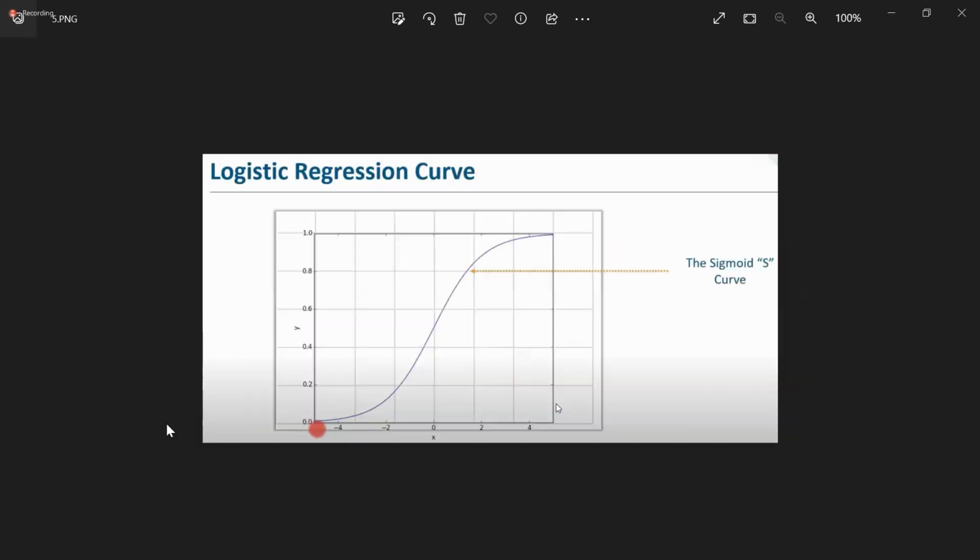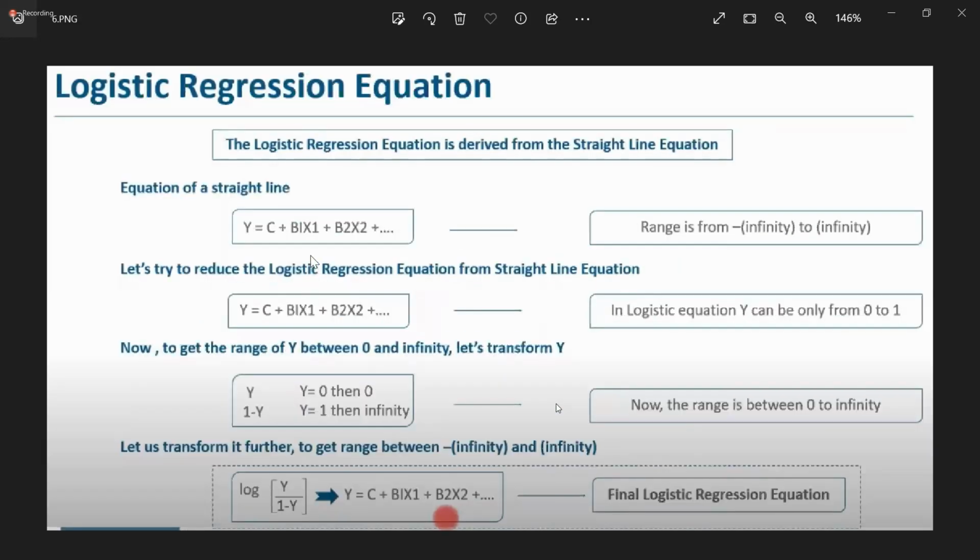Next one. These are your interview questions, guys. The equation of a straight line, isn't it? What is the range of a straight line? Infinity, isn't it? And in correlation, what is the range? Minus 1 to 1. You forgot all those things. What is the range of R square and adjusted R square? 0 to 1.